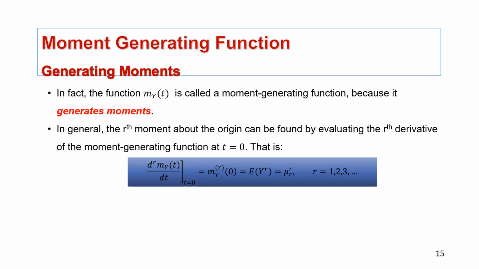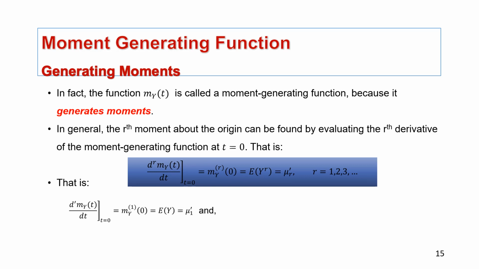Now let's go back to the moment generating function. Here, if you try to find the expected value of y to the power r, which is mu dash r, then let's differentiate the moment generating function r times with respect to t, and after finishing the differentiation r times, let's substitute t equal 0.